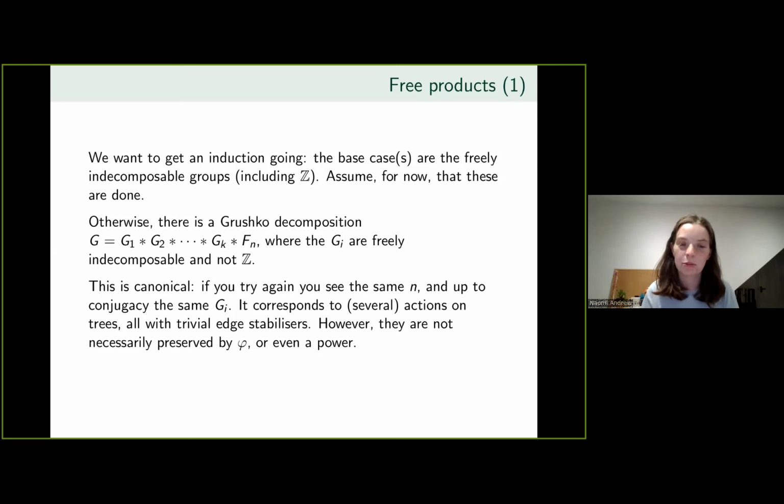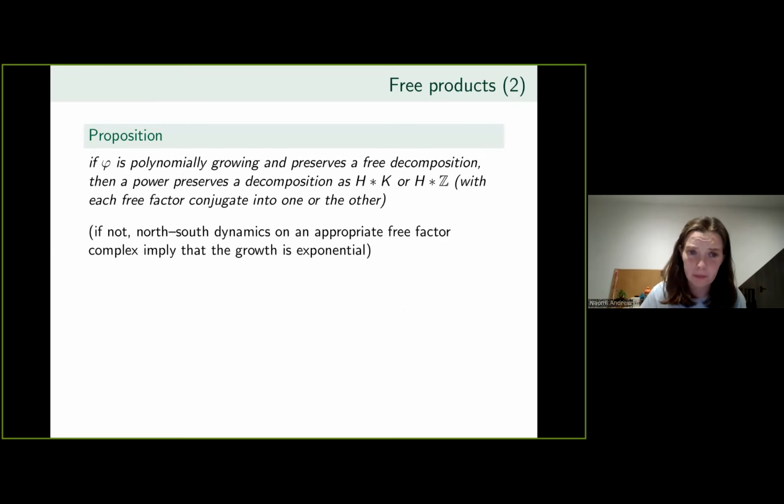It often gets you out of trouble, but in this case, no such luck. We're going to induct on what's called the complexity, so the number of free factors plus the rank of the free group, to get us out of this annoying situation where, while we have something canonical, there are too many actions on trees. So how does this go?